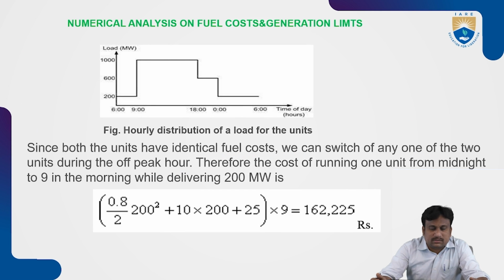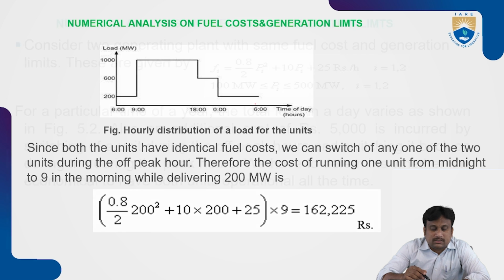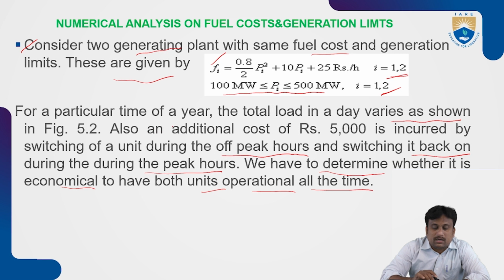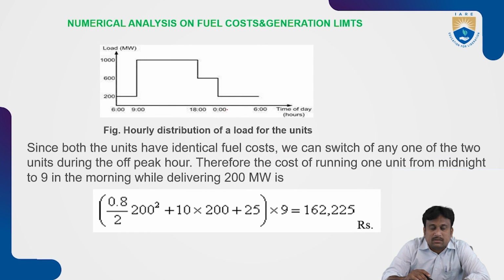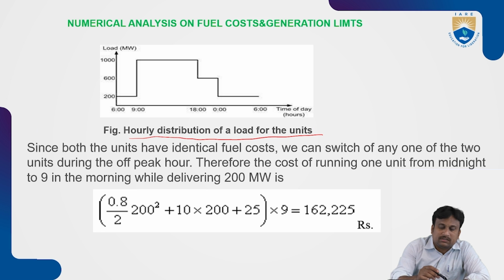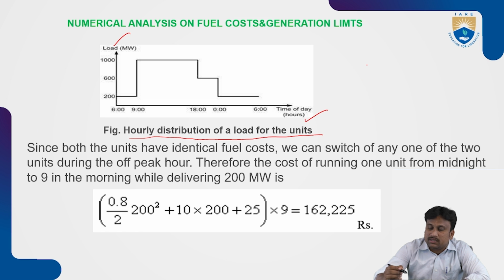Now, the diagram we discussed is for a particular time of year, where the total load in a day varies like this. This may simply be treated as the hourly distribution of load for the units. That means the curve is drawn between load versus time of the day, and the time of the day is considered in hours.